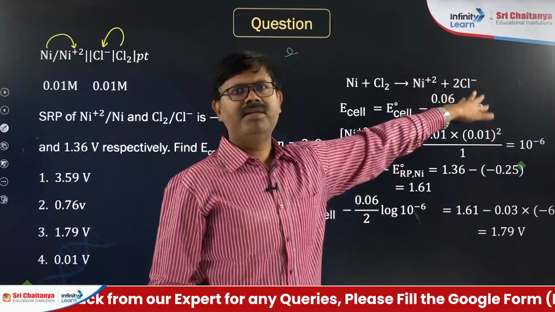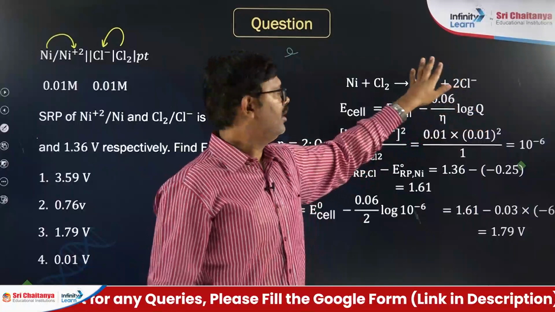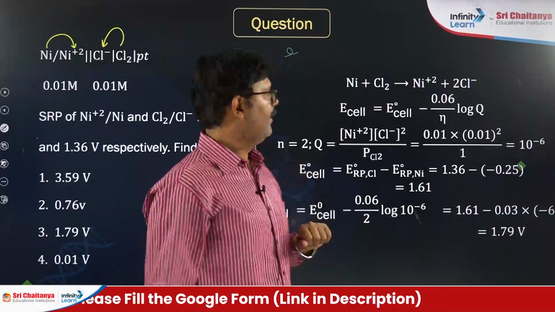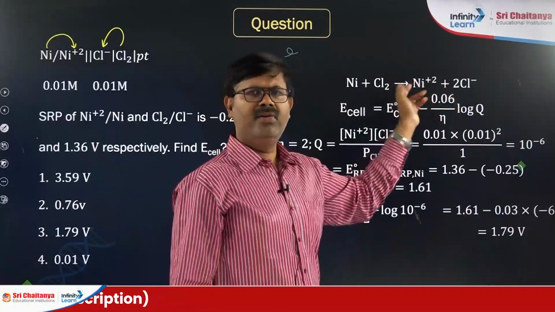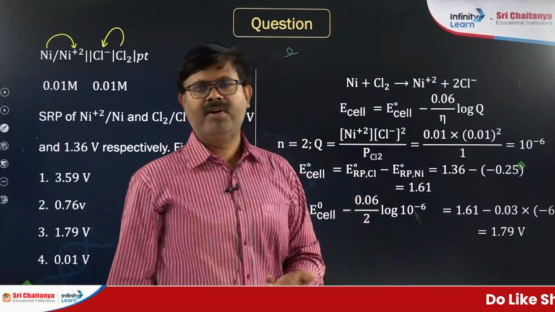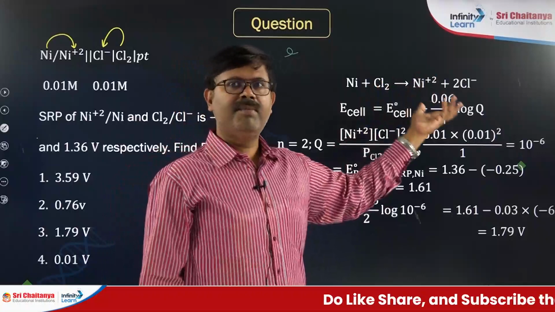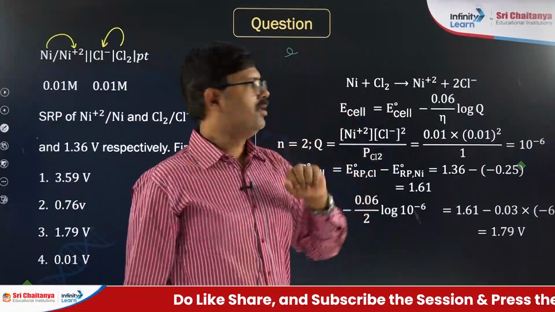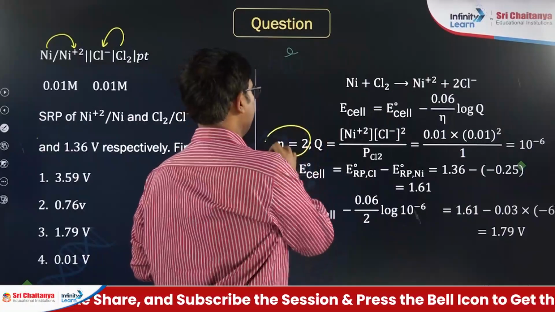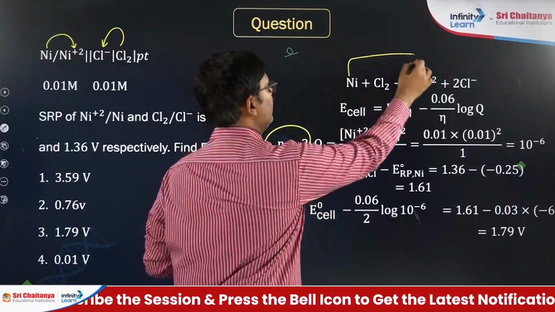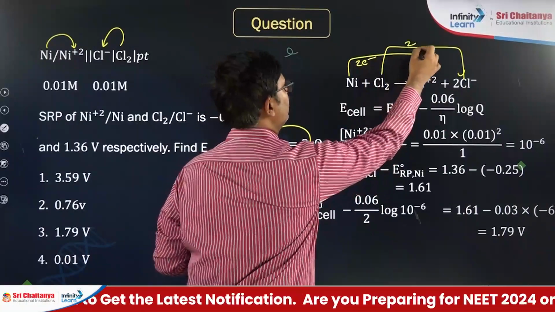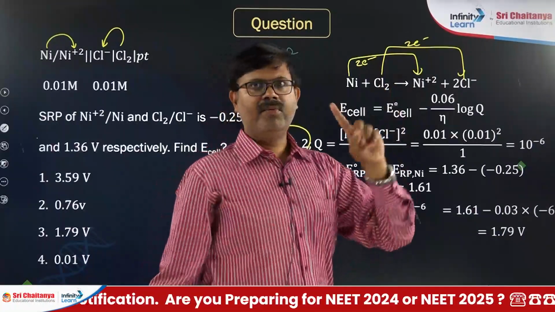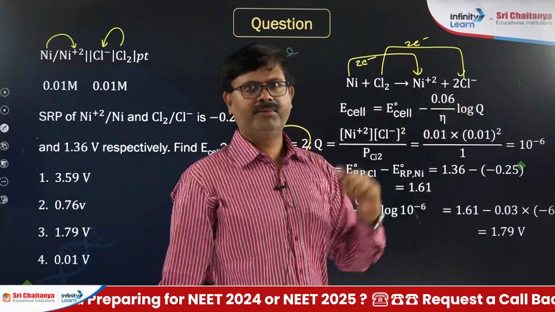Since there are 2 chlorines, balance it with 2. So this is the balanced equation. Now here if you take nickel or chlorine, whichever you like, you will get the same electrons only, which is 2. Therefore, the number of electrons is 2. For 1 chlorine, 1 electron. Since 2 chlorines, 2 electrons.